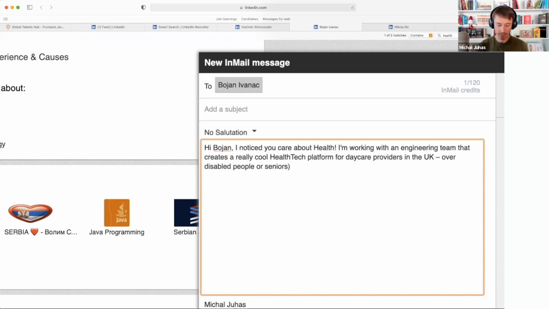Over 7,000 disabled people or seniors use it. They are now looking for a front-end React developer.